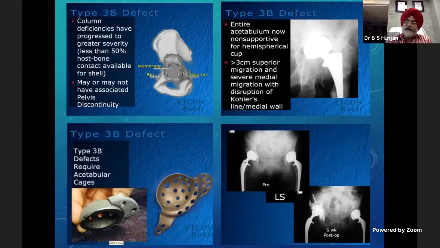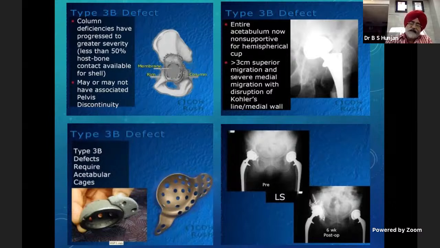The entire acetabulum is now non-supportive for a hemispherical cup. So we can't put a hemispherical cup directly, and there is more than 3 centimeters of superior migration and severe medial migration with disruption of Kohler's line, or the medial wall is also disrupted. So a type 3B defect normally requires acetabular cages.